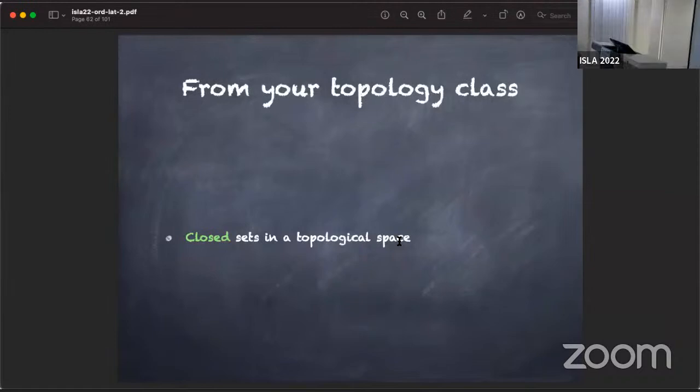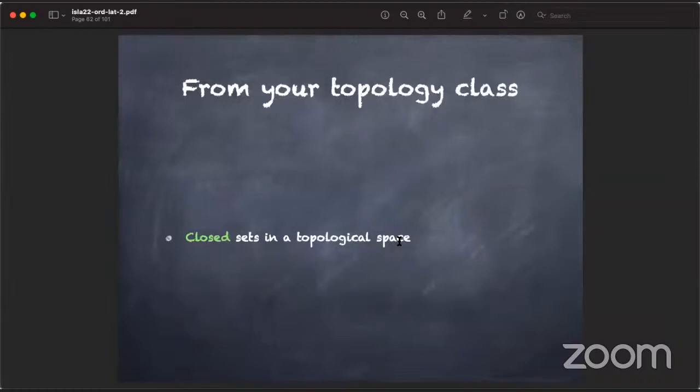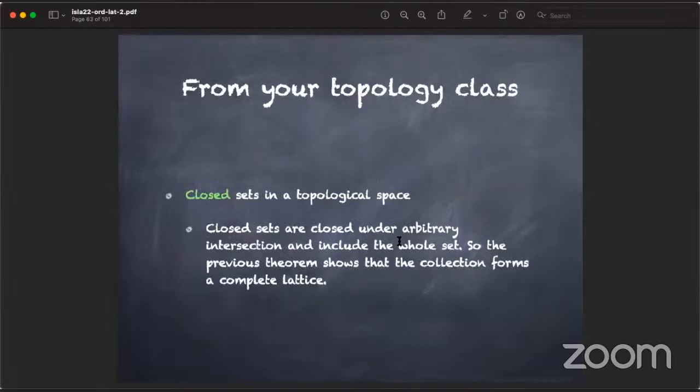That's why, probably. So now consider closed sets in a topological space. Of course, closed sets are closed under arbitrary intersection and include the whole set. So the previous theorem and its corollary show that the collection forms a complete lattice.